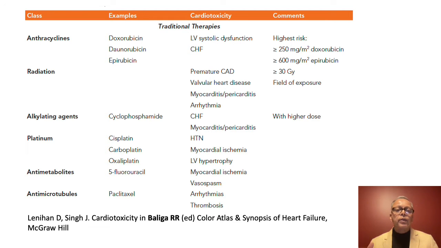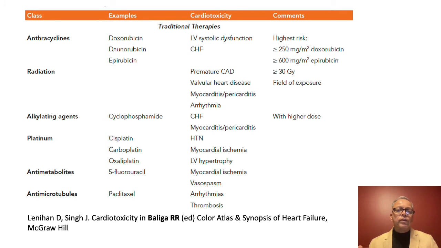In this terrific chapter on cardiotoxicity in a color atlas and synopsis by McGraw-Hill, which I edit, Dr. Dan Lenihan and Dr. Singh talk about all the cardiotoxicities we can see with cancer therapies. We know about anthracyclines and trastuzumab. They cause LV systolic dysfunction.